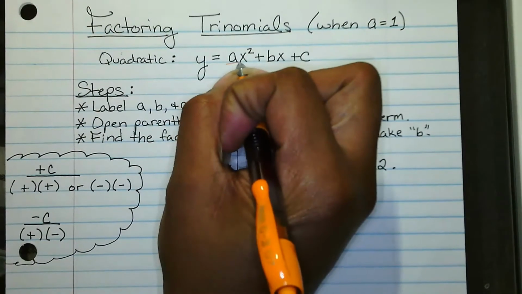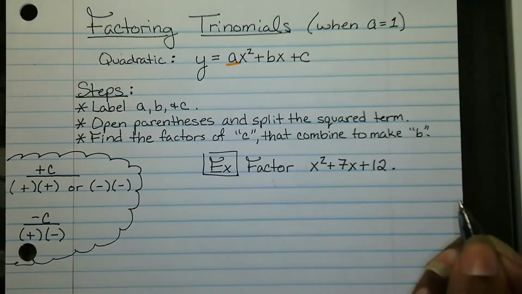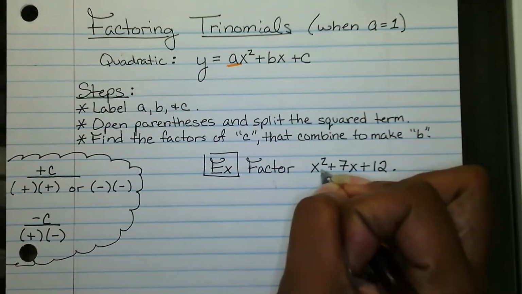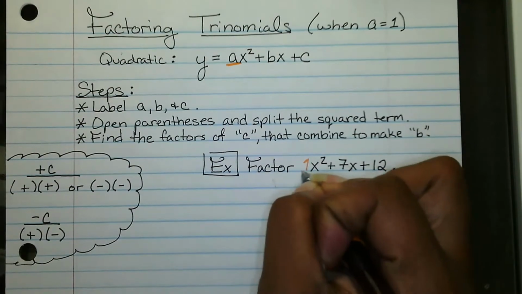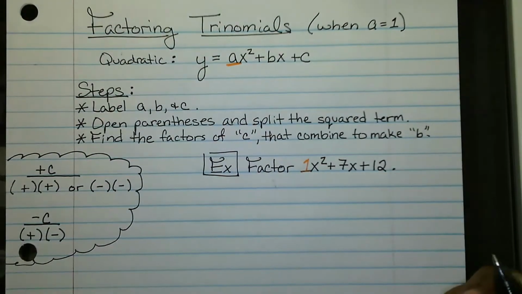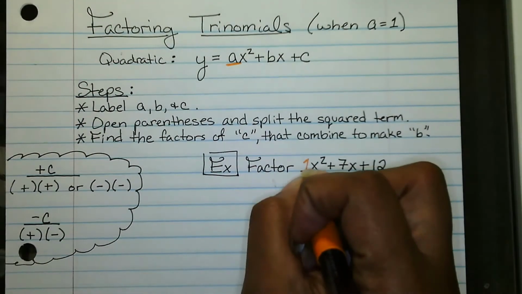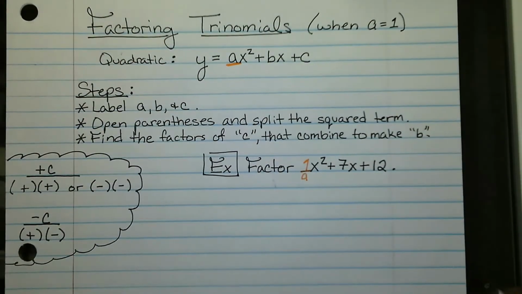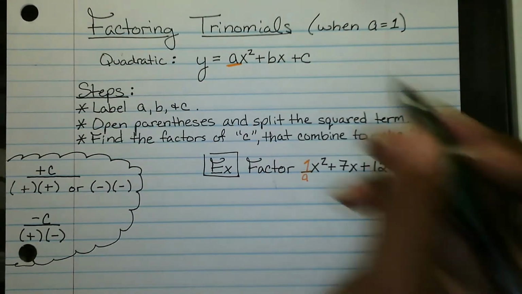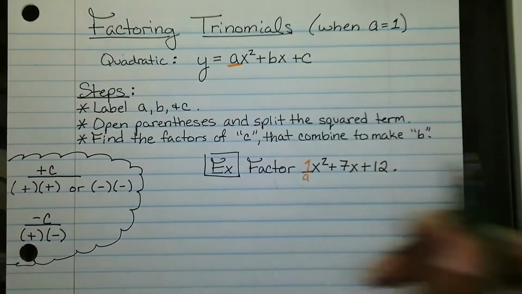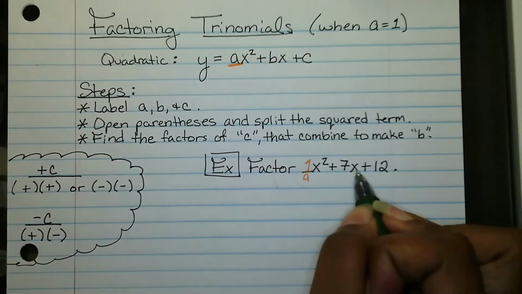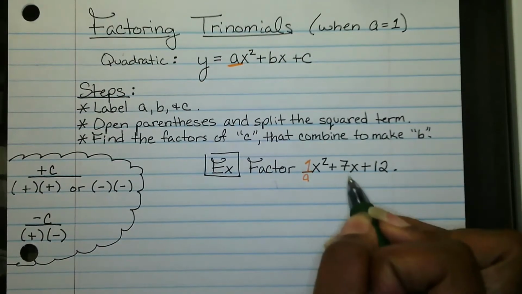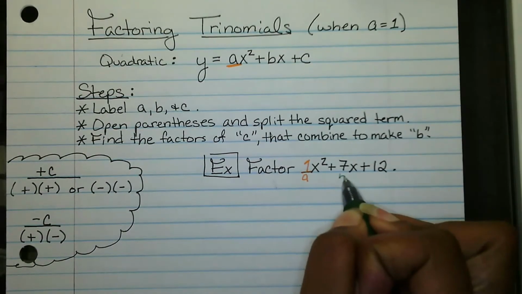So like I said, a is in front of x squared, so you look for x squared. If you don't see a number, it's understood to be a 1, so a is 1, okay? B is in front of x, so look through your expression, find x, and that number in front of x is b.